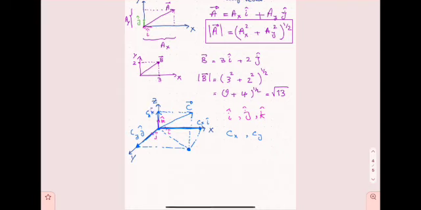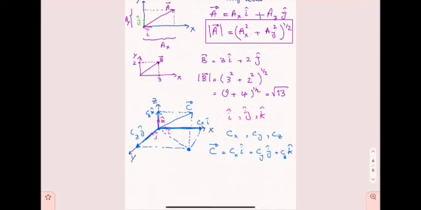So we can actually write this vector C as a linear combination of three vectors, or the value of components in each direction, and then we might write the vector C as cx i hat, cy j hat, and then cz k hat.